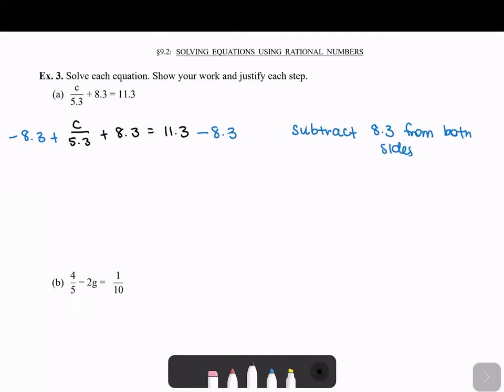And then when we rewrite this, we get c over 5.3 equals, should just be 5, right? 3. That is definitely not 5. That's 3. Okay, so then what we want to do is multiply both sides by 5.3.